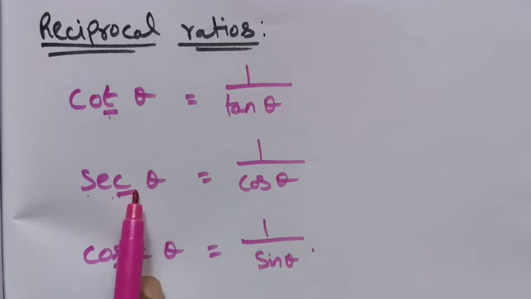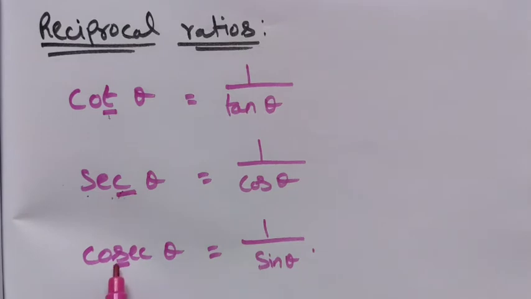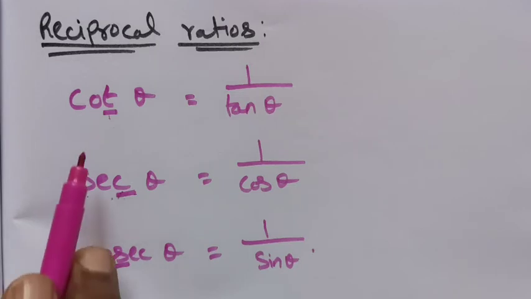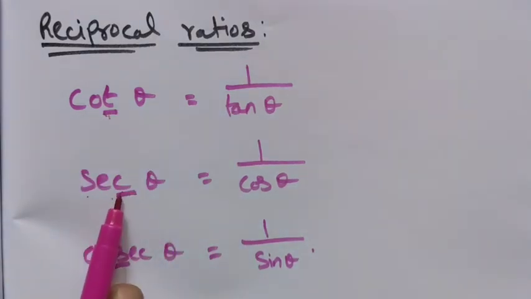For secant, the third letter is C, so 1 by cos theta. And for cosecant theta, the third letter is S, so 1 by sin theta, right? This is the easiest method to recall the reciprocals. So third letter T, we have 1 by tan theta; third letter C, 1 by cos theta; and third letter S, 1 by sin theta.